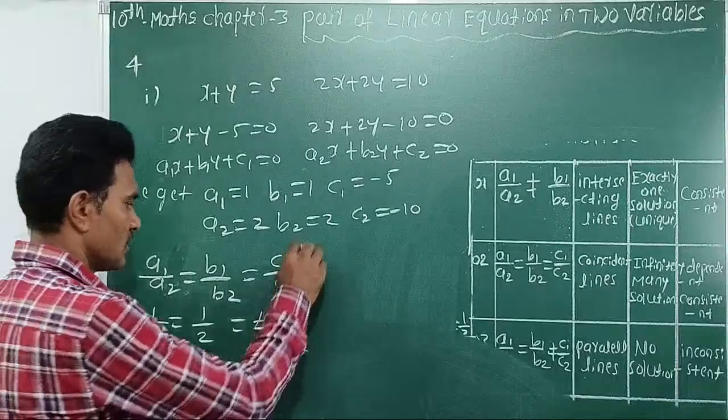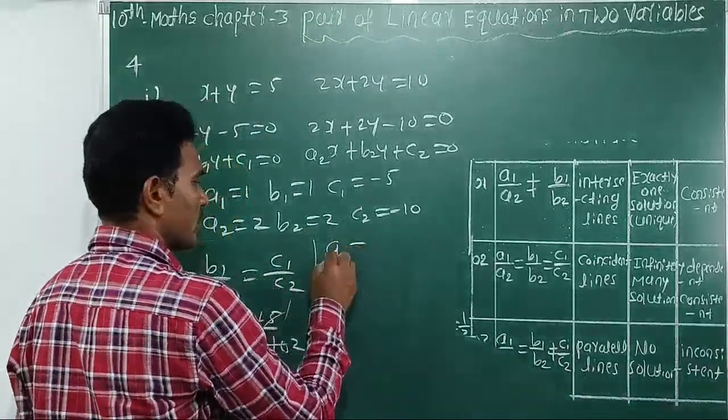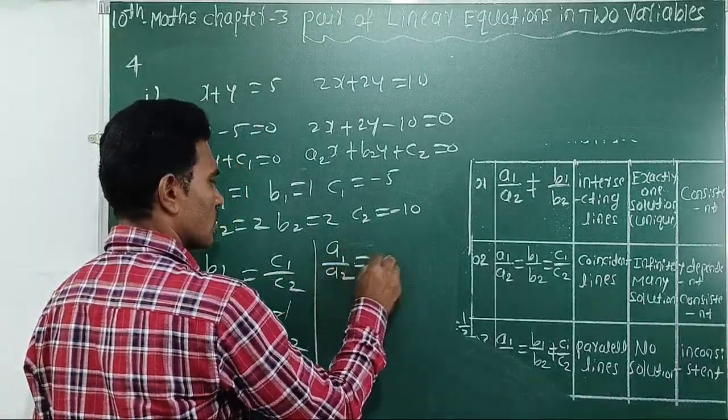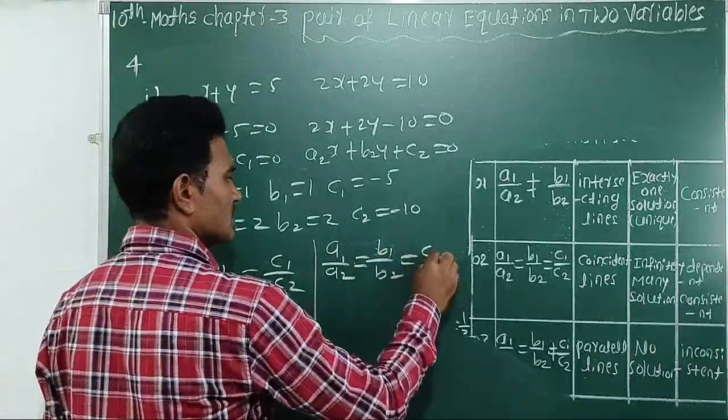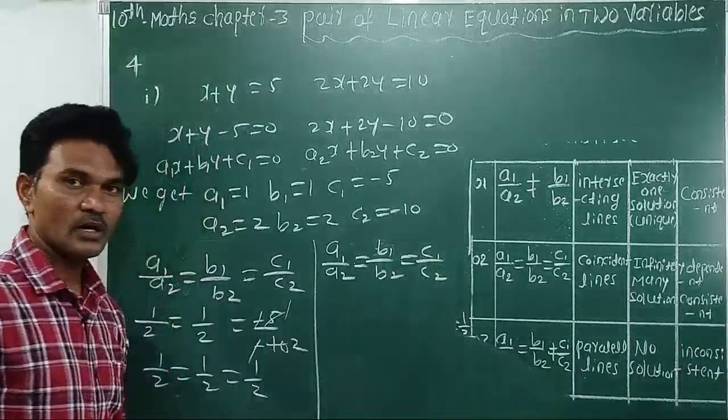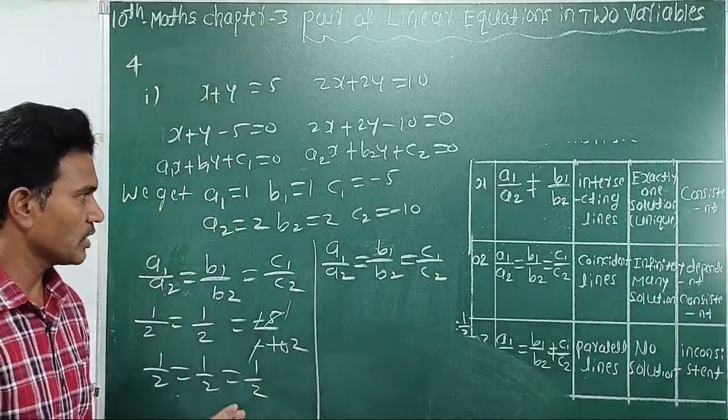That means a1 upon a2 equal to b1 upon b2 and c1 upon c2. All three ratios are equal.